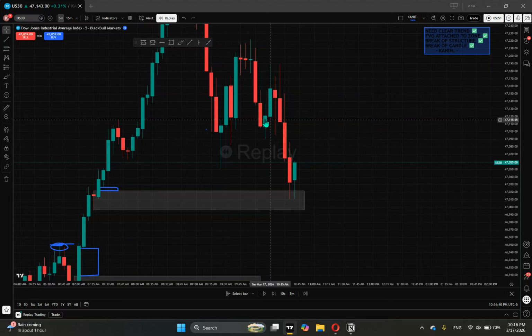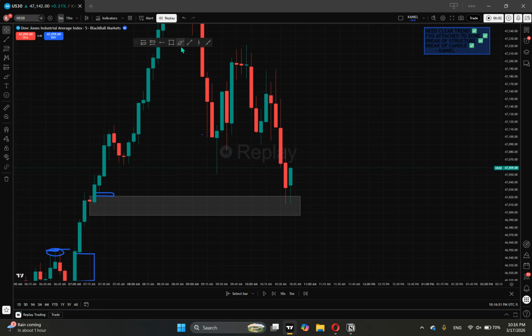Break of candle is when the candle that is playing out goes above or below the previous candle. In this case, we'd wait on the candle that is going to play out next to go above this green candle. So let's see what price did.